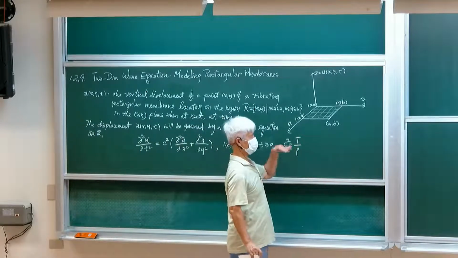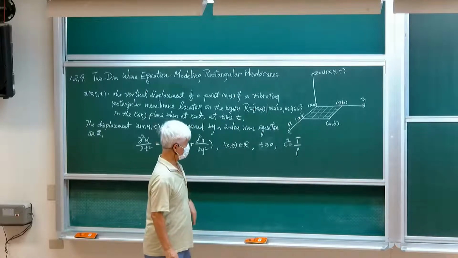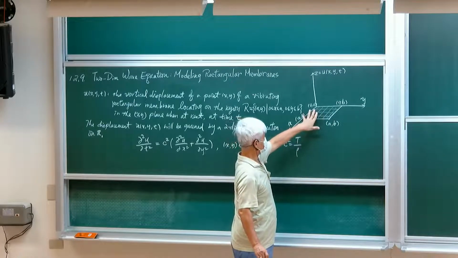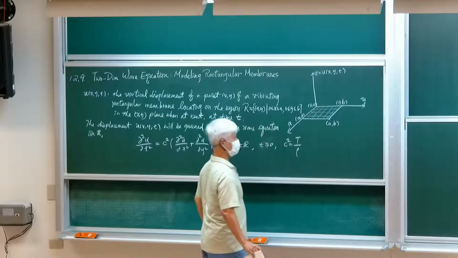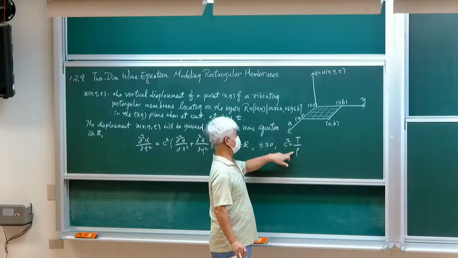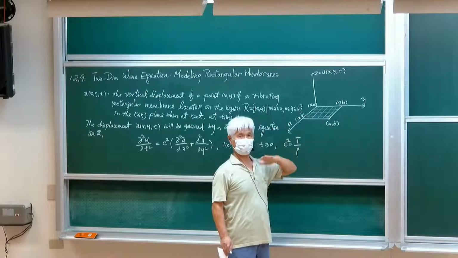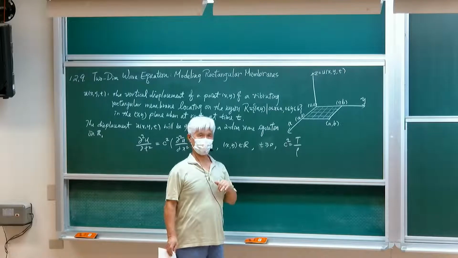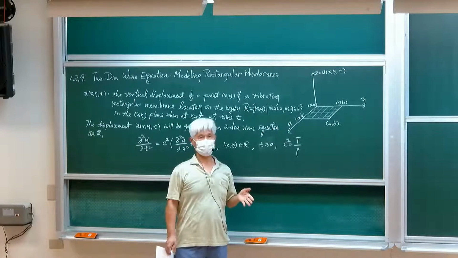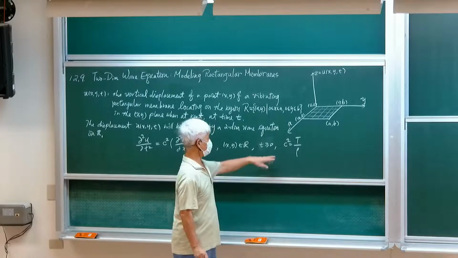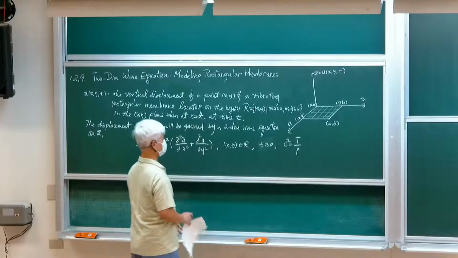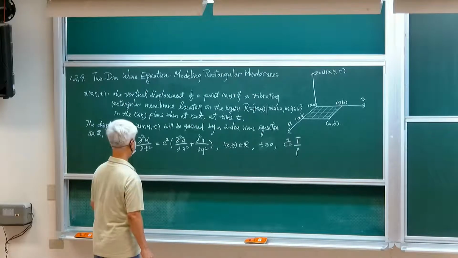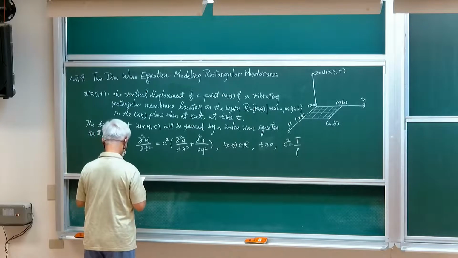The assumption is that T is the tension of the membrane at rest, and we assume the membrane is homogeneous, so rho is the density, with dimension which could be gram per square centimeter. So this gives us c squared.